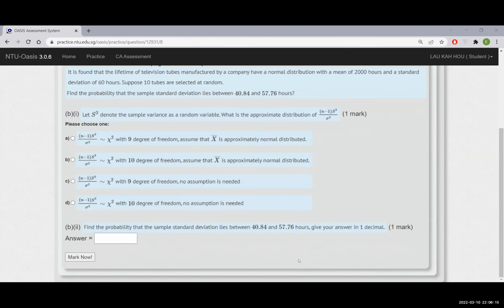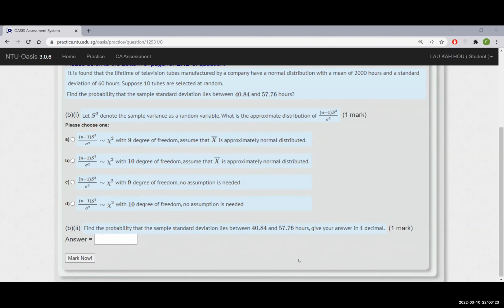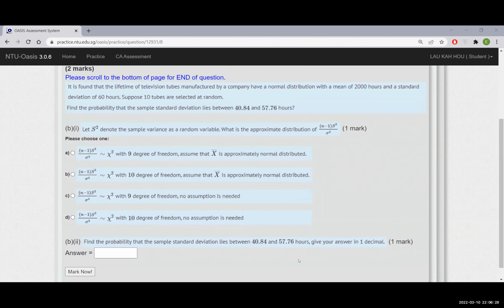Okay. Oh, this one. Probability of S between these two numbers, is it? Let's see, full screen.